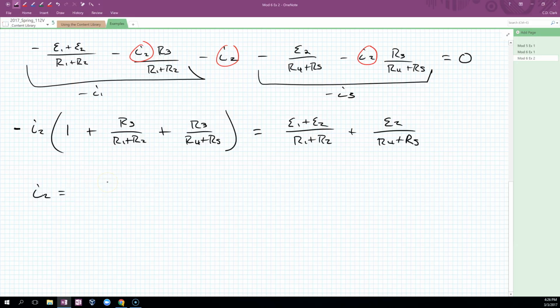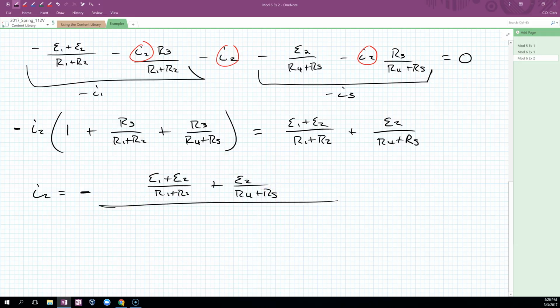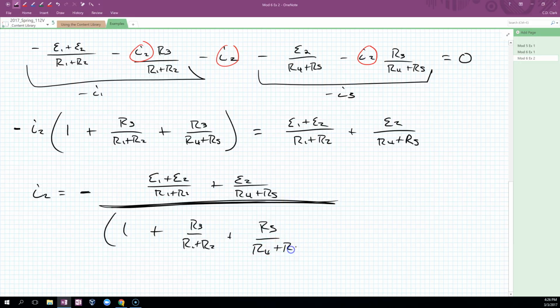There's going to be a negative sign. So I've got EMF1 plus EMF2, and then just take that and divide it by this stuff here. There's I2.